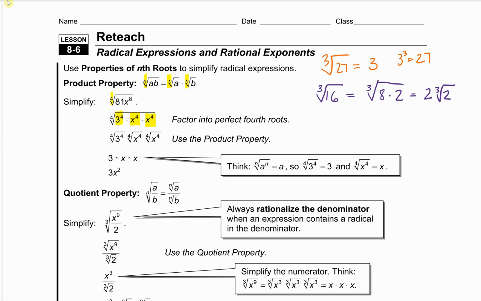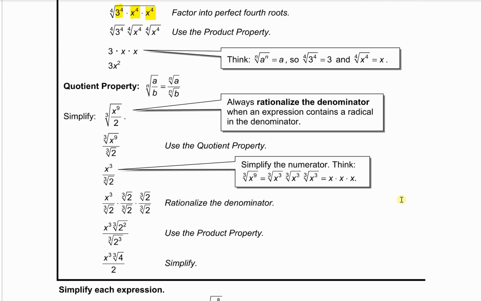So the 4 exponent and the 4 index are going to basically cancel each other out. That's the whole concept of a root. So we get 3 times x squared, or 3x squared. We'll get to another way of looking at that in a moment. But down here, the nth root of a to the nth is just a, because they cancel out.